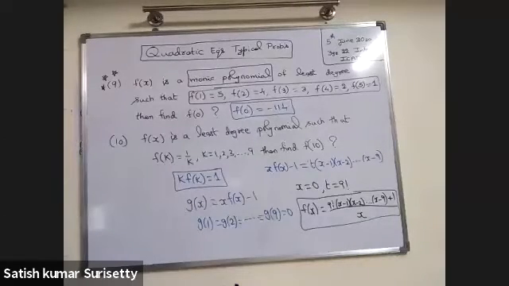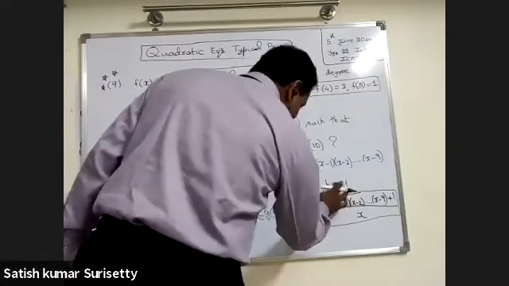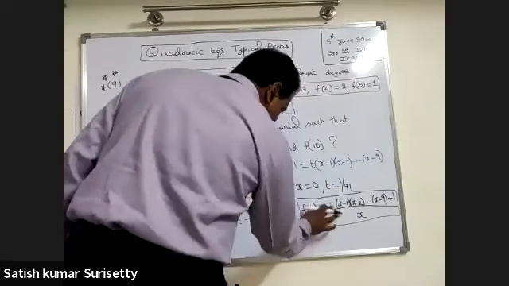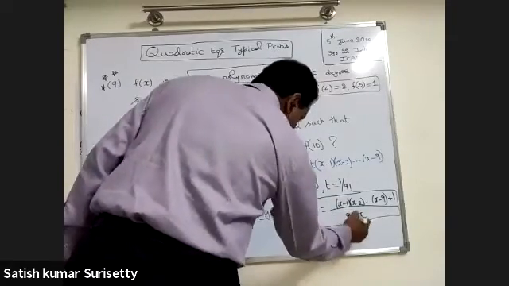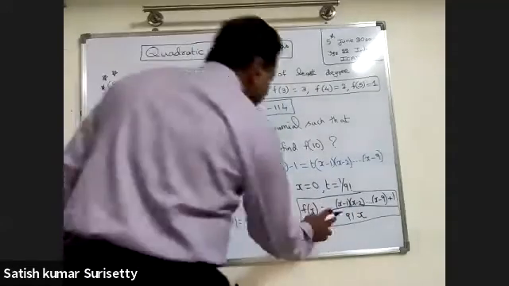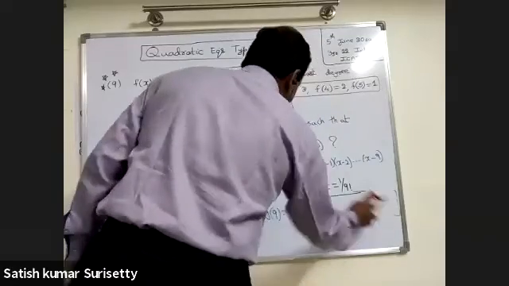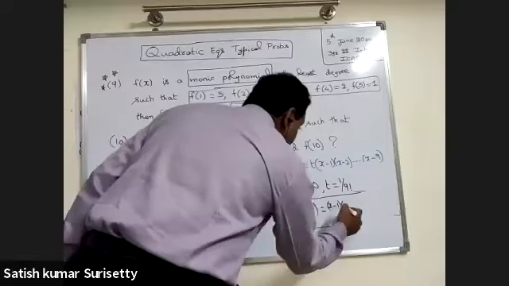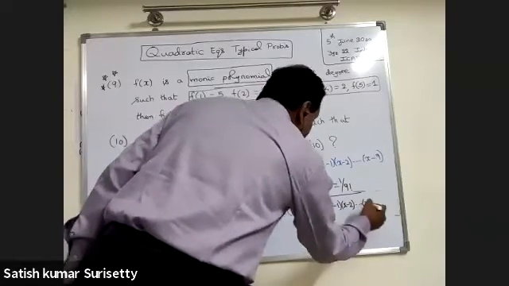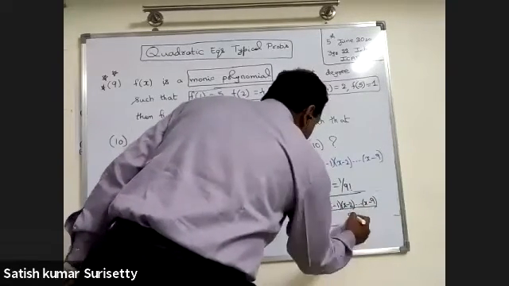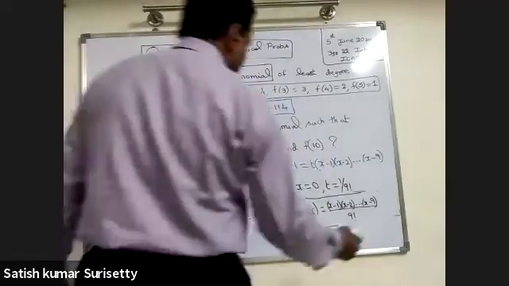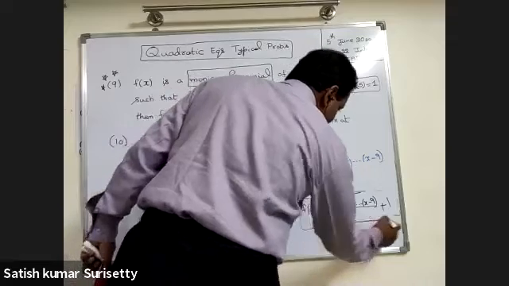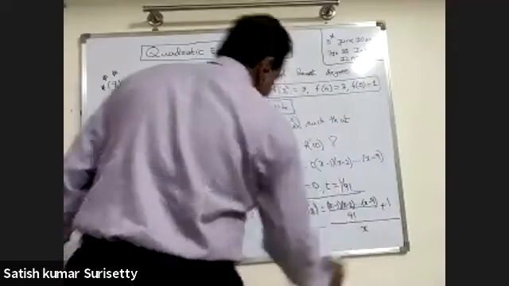Check, is it correct? t equal to 1 by 9 factorial. Why is it 1 by 9 factorial? That means it will be in the denominator. So t equal to 1 by 9 factorial. That means f of x equals ((x minus 1)(x minus 2) and so on up to (x minus 9) upon 9 factorial, plus 1) whole divided by x. Answer is 1 by 5. Correct.